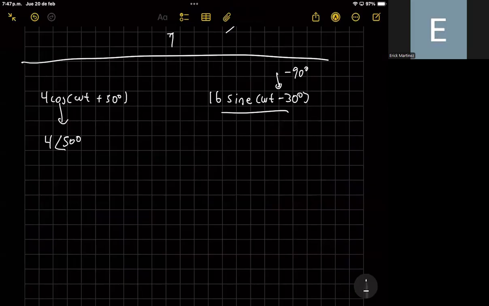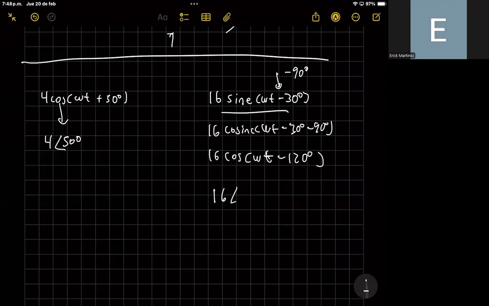So we will have 16 times the cosine of omega times t minus 30 degrees minus 90 degrees. So this will be equal to 16 times the cosine of omega times t minus 120 degrees. And now I can express it as a phasor. We have 16 with an angle of minus 120 degrees, and this is the phasor.